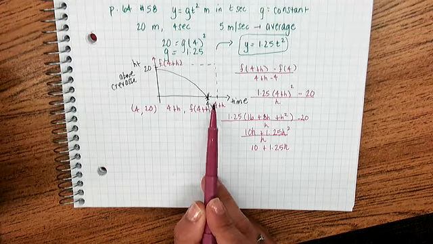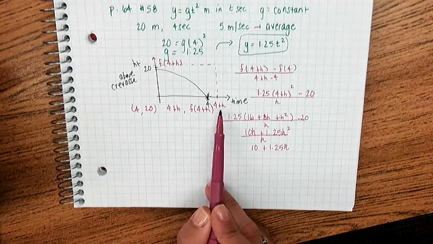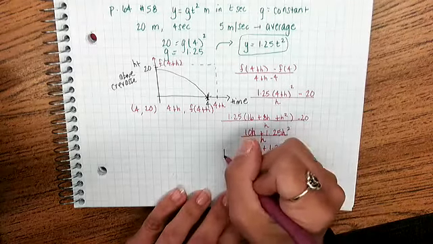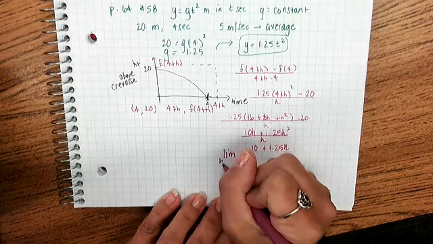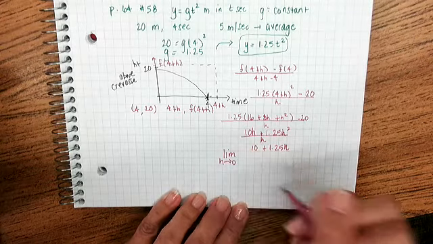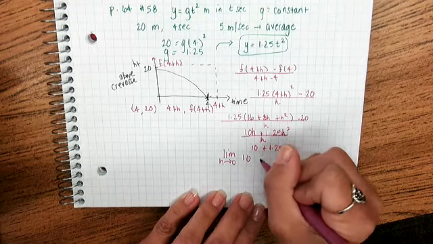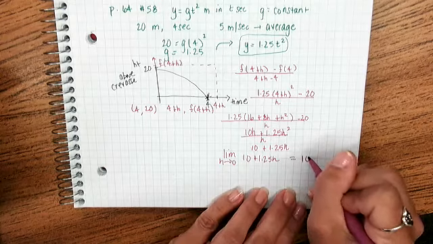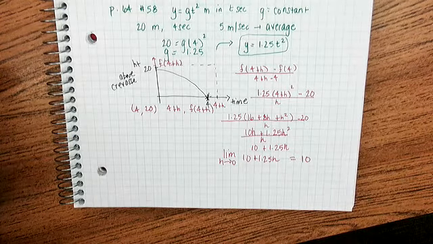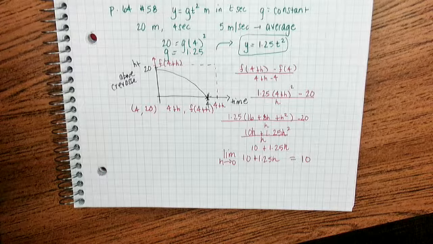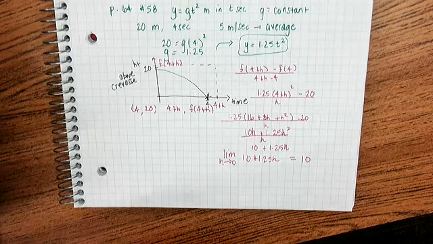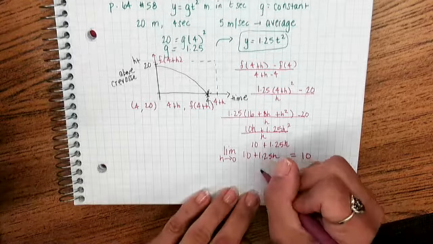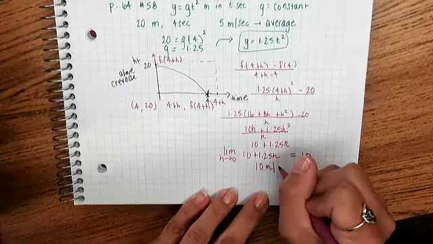I want this space right here, I want h to be as close to 0 as possible. Guess what? Let's find the limit as h approaches 0. That is 10. So at the instant that the rock hit the bottom of that crevice, it was going 10 meters per second.